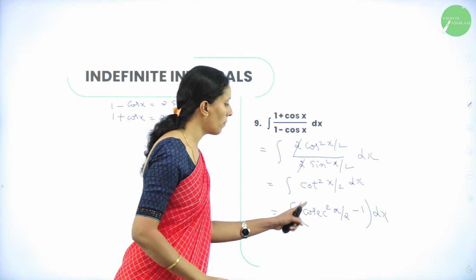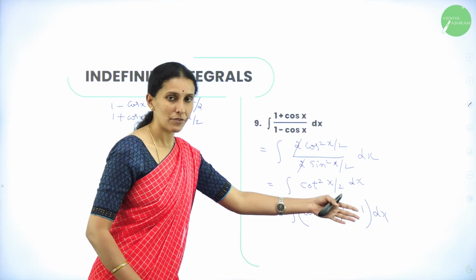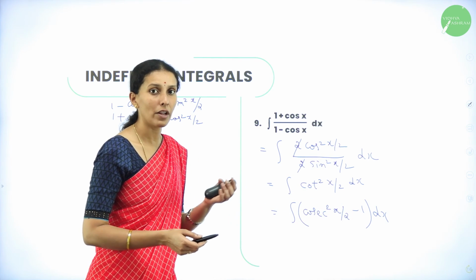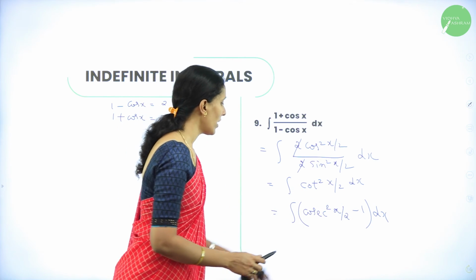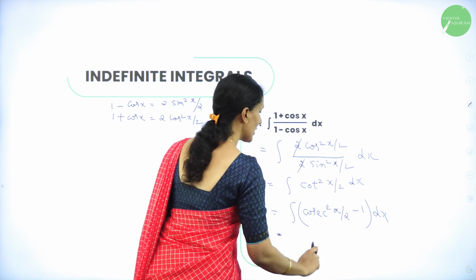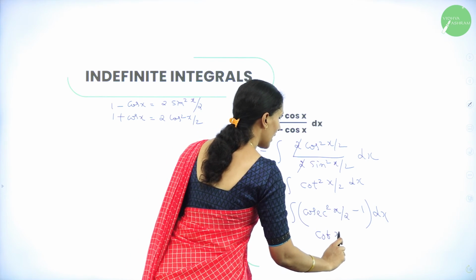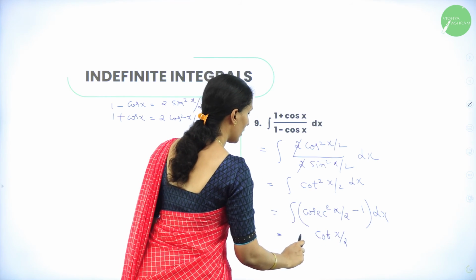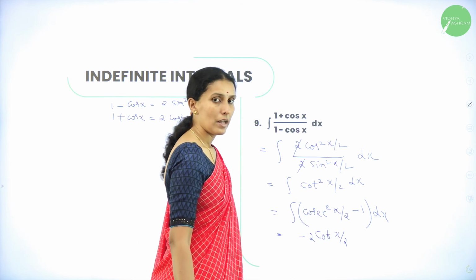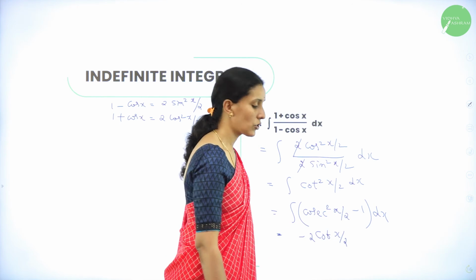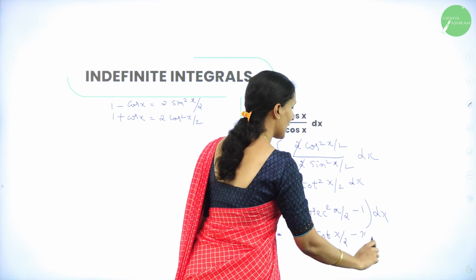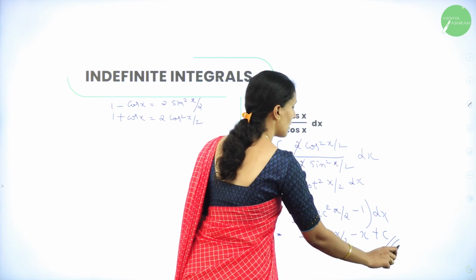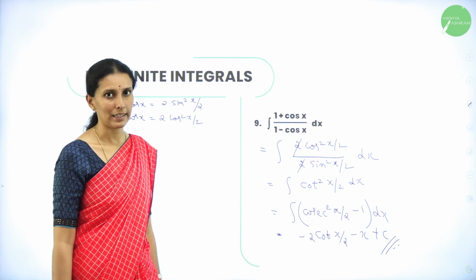Now this is in the form of cosecant square ax form, which can be written as minus 1 by a cot ax form. So what is integration of cosecant square x by 2? It is minus cot x by 2 divided by 1 by 2. When it goes to the numerator, it becomes minus 2. Next, what is integration of 1 into dx? It is x plus c. So this is the value of the given integral.